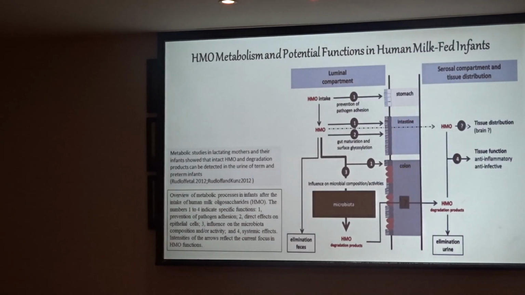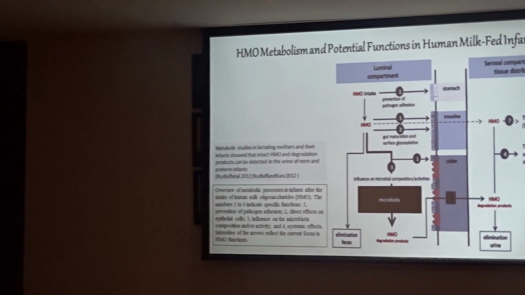When the human milk oligosaccharide enters the GIT, it has different actions from the stomach until the colon. First, in the stomach and intestine, it prevents pathogen adhesion, and the same is done in the intestine, along with gut maturation and surface glycosylation, which is very important.